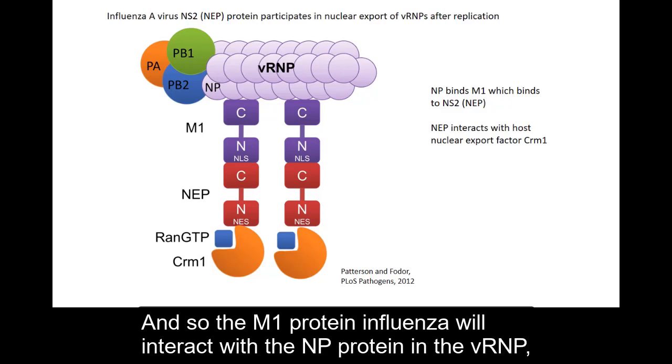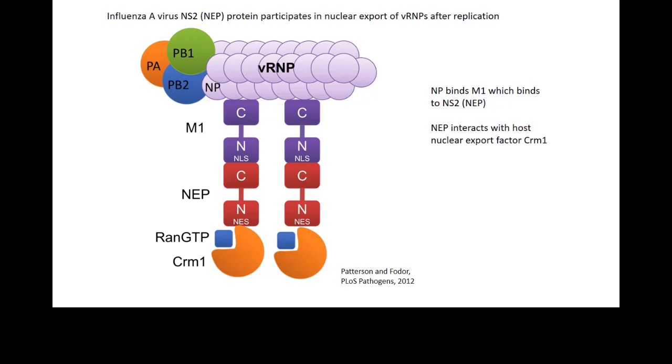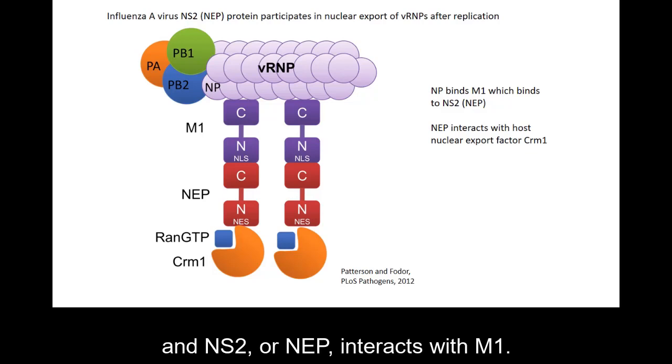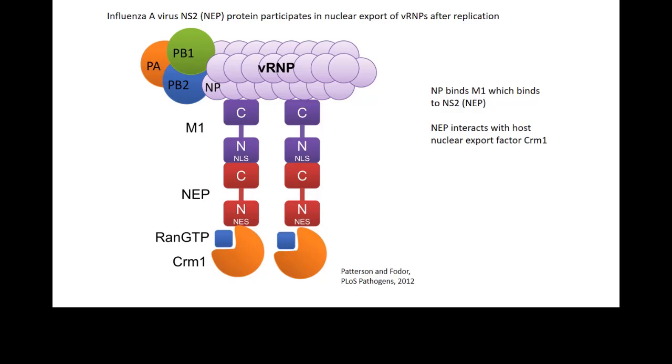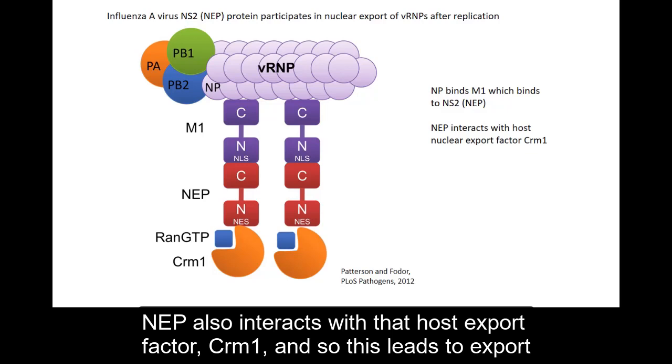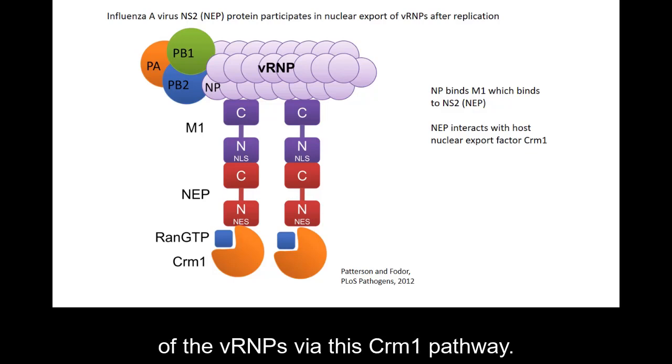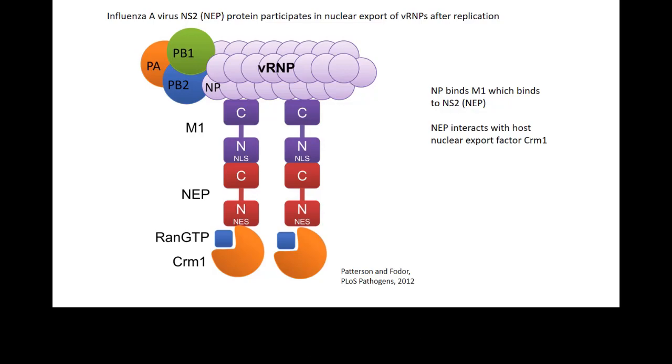And so the M1 protein of influenza will interact with the NP protein in the vRNP, and NS2 or NEP interacts with M1. NEP also interacts with that host export factor, CRM1, and so this leads to export of the vRNPs via this CRM1 pathway.